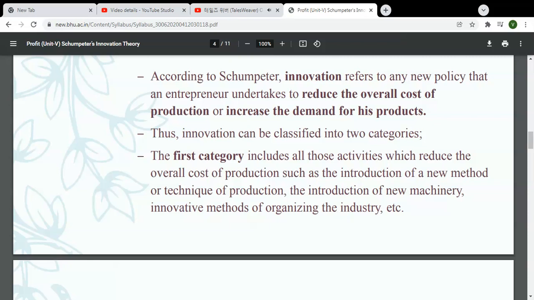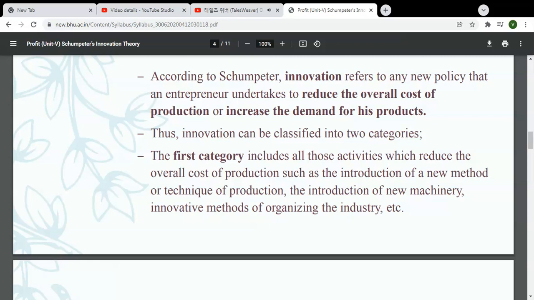So, the first category of innovation includes those activities which reduce the overall cost of production, such as the introduction of a new method or technique of production, the introduction of new machinery, and innovative methods of organizing the industry.